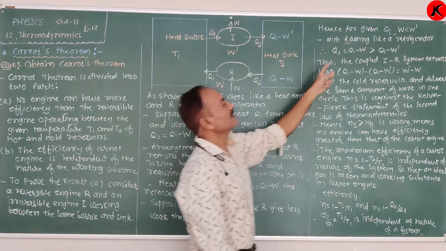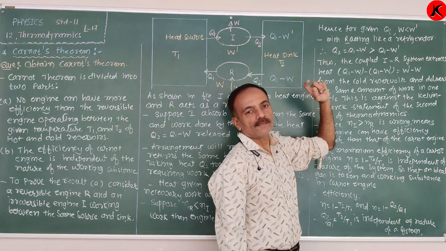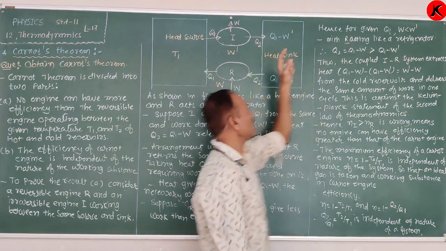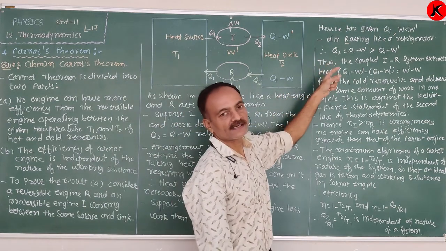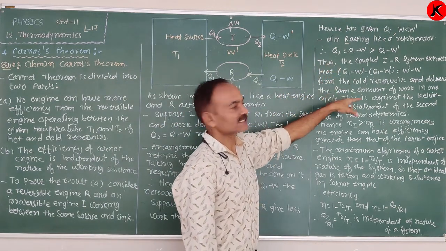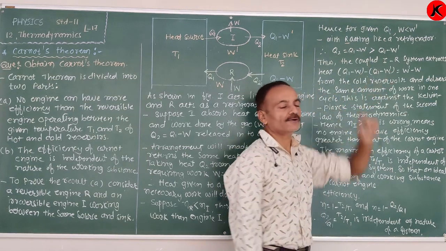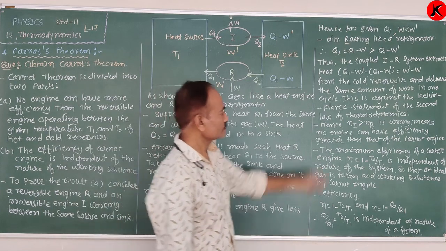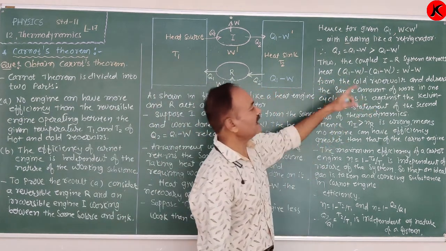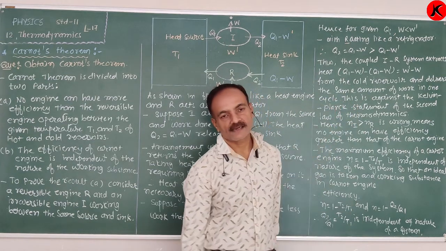Thus the coupled I and R system, that means the system of irreversible and reversible engine, extracts the heat (Q1 − W) − (Q1 − W') = W' − W from the cold reservoir, and delivers the same amount of work in the cycle.